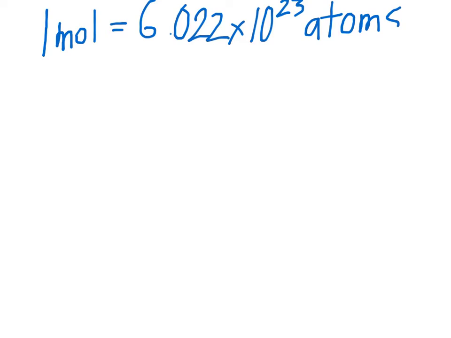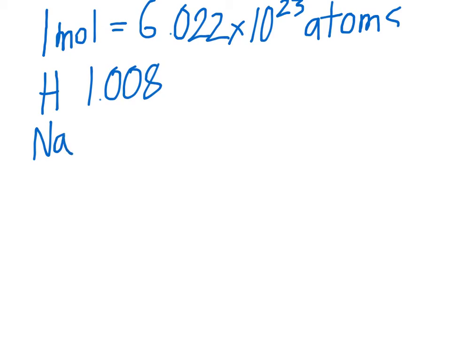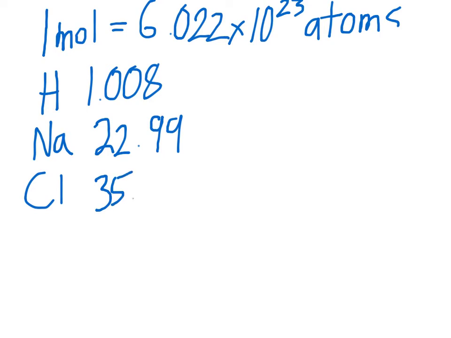Now if you look at the numbers in your periodic table, those masses, such as hydrogen would be 1.008, sodium would be 22.99, and chlorine would be 35.453. Now these numbers all have meanings. They're not just on the periodic table for no reason.